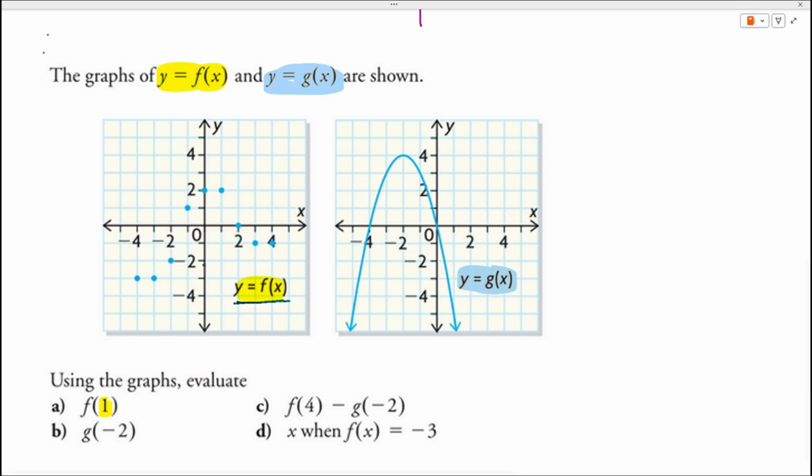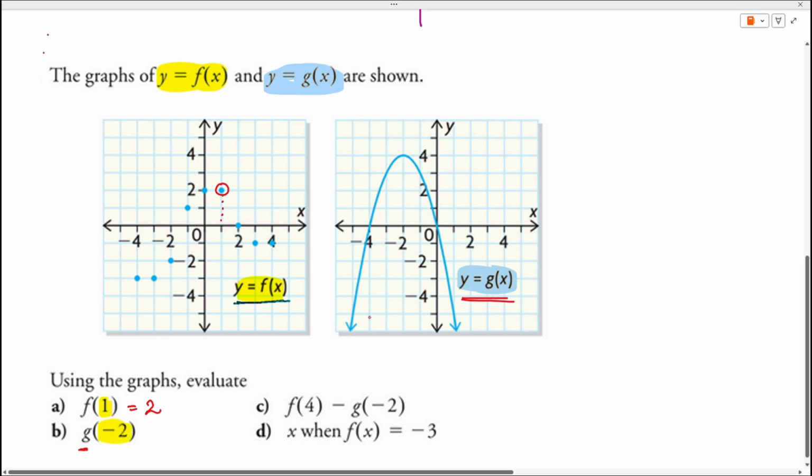So let us go to the graph and see where x is equal to 1. Here, when x is equal to 1, our y is equal to 2. So f of 1 is equal to 2. Let us look at the next one. This is telling us to find the value of y from this function when the value of x given to us is negative 2.